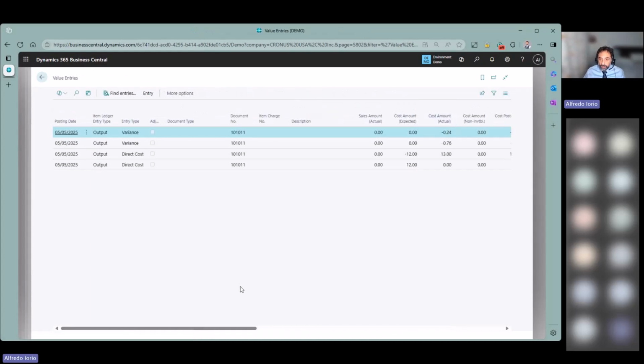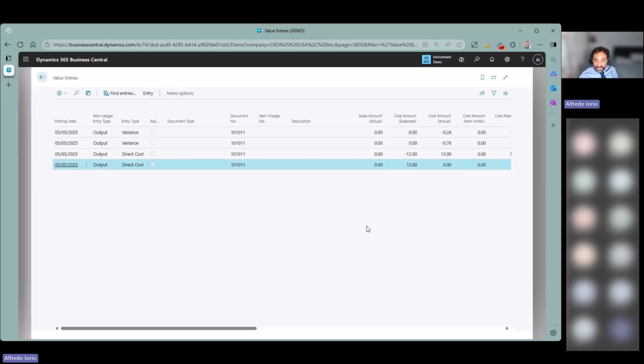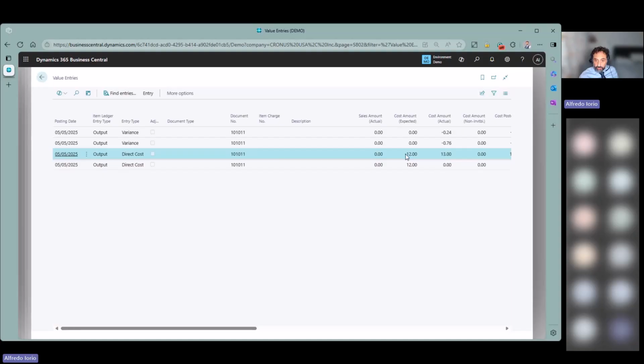Where is the variance? The variance is here and is calculated twice. So you can see it's the expected cost not posted to the GL of 12, standard cost, is reversed, and now I end up with $13.